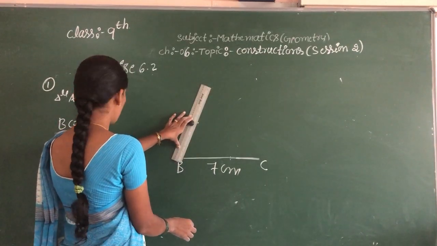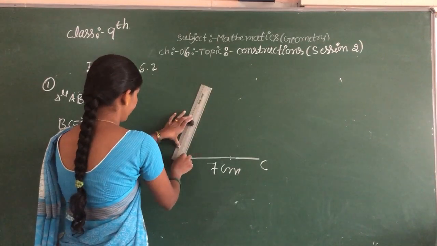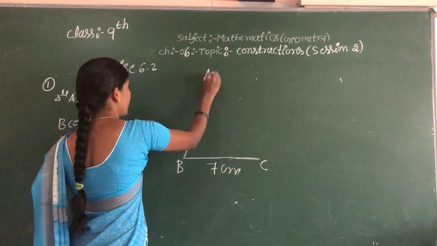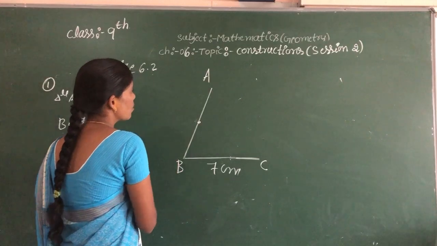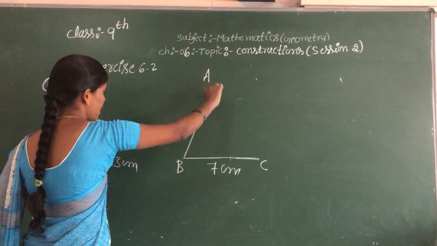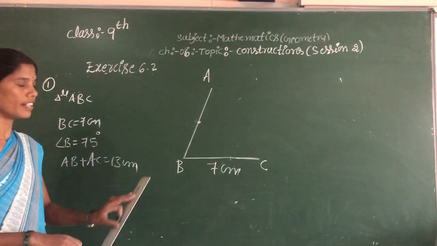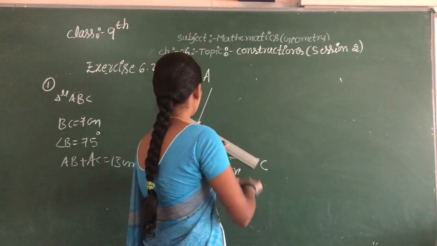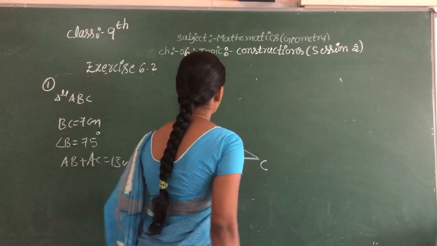In AB plus AC. This is one of the A. AB plus AC. Total how many? 75 degree. You should join this. Okay.